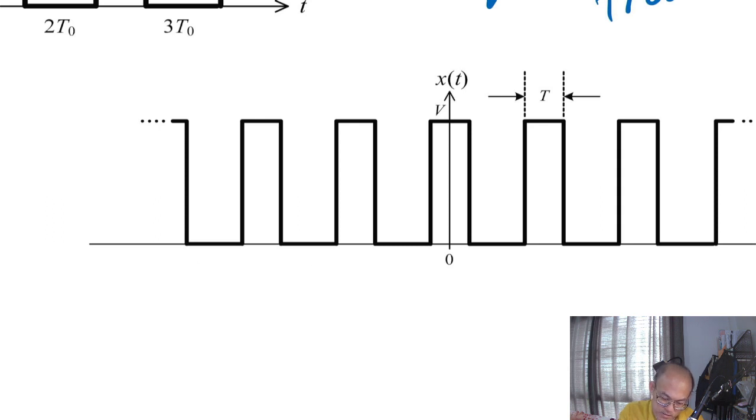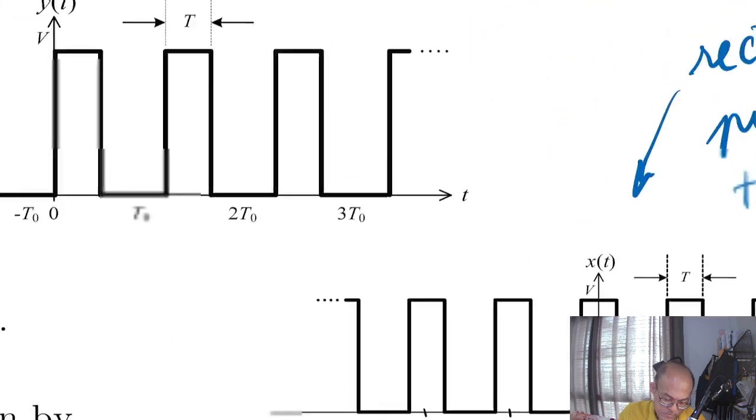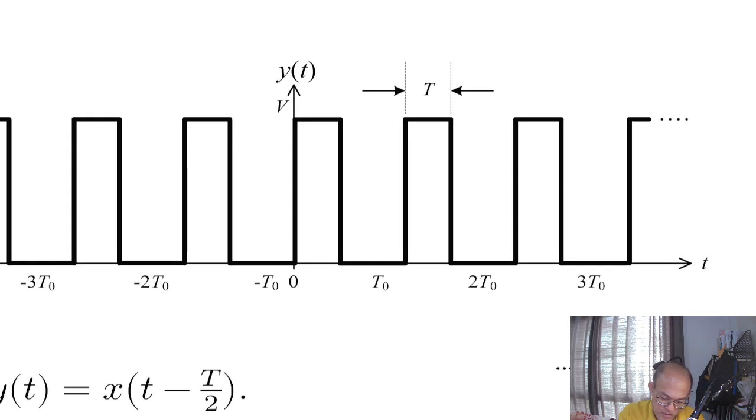Okay, this has to be T over 2, minus T over 2, and this is t0, minus t0. Okay, this is 2t0, minus 2t0. Right, here, erase this.